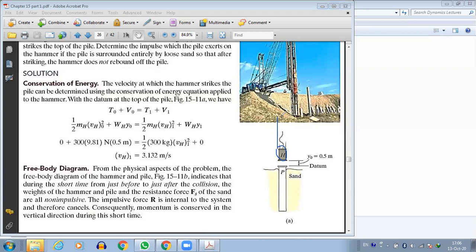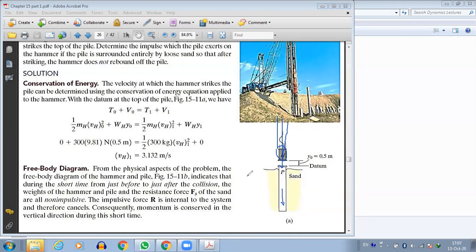The hammer comes down under the effect of gravity and hits the pile, pushing the pile a little down. Then we raise the hammer again, release it, and it hits the pile again, so slowly we are pushing the pile into the ground. This is what is happening. Before moving further, do you understand what is happening here?